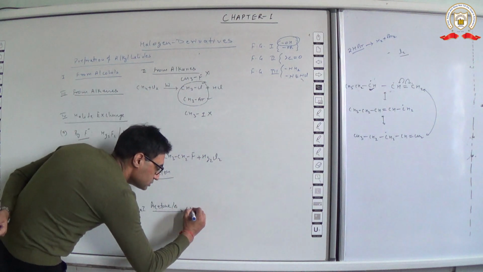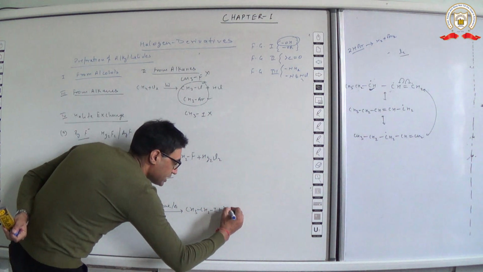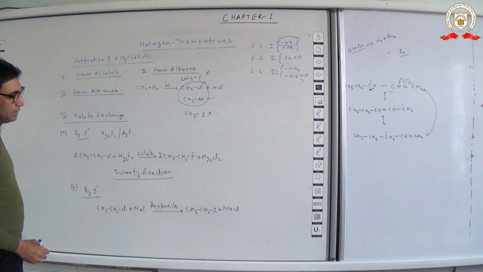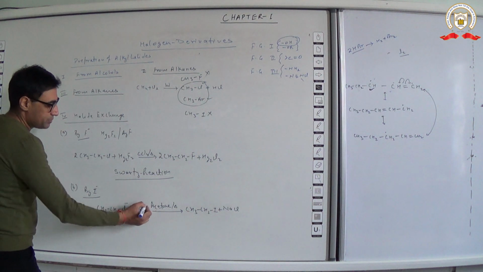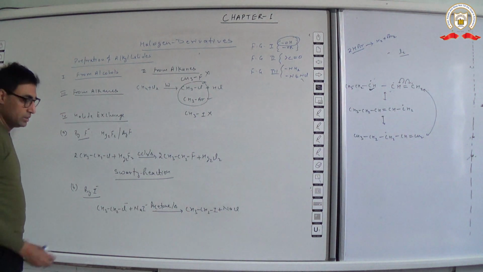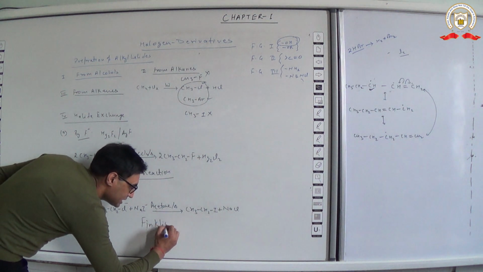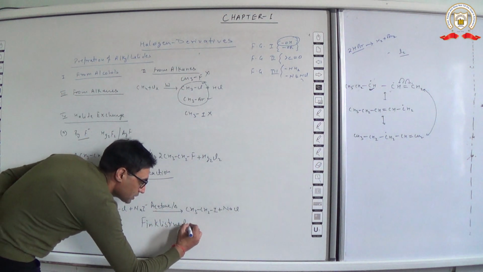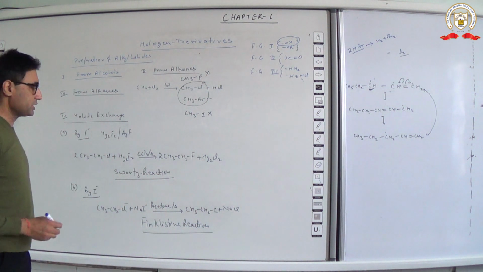I will get compound CH3CH2I along with NaCl. The exchange has occurred. Chloride has got substituted by iodide. This reaction is Finkelstein reaction. So this is Finkelstein reaction.